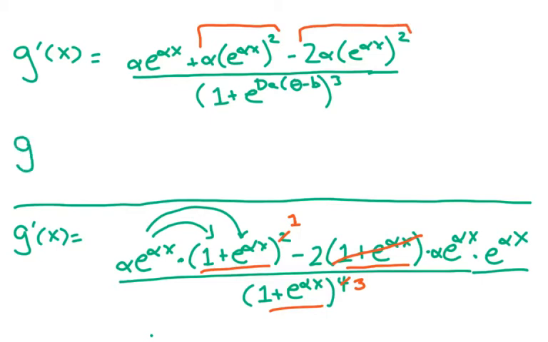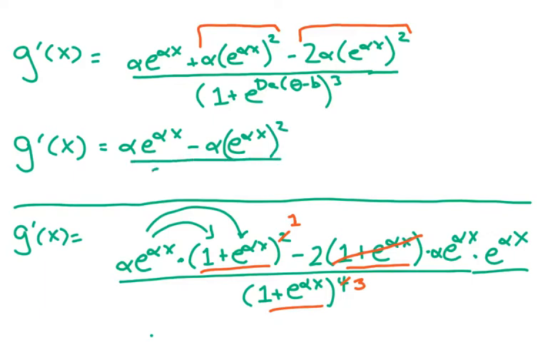So finally I can write this, well, almost finally, as alpha e to the alpha x minus alpha times e to the alpha x squared over 1 plus e to the dA theta minus b cubed.